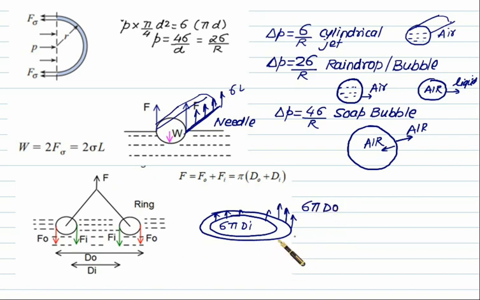So the total force required will be the force for the inner ring, sigma into pi into di, plus the force for the outer surface, sigma into pi into do. So the total force required will be sigma into pi into (do plus di).